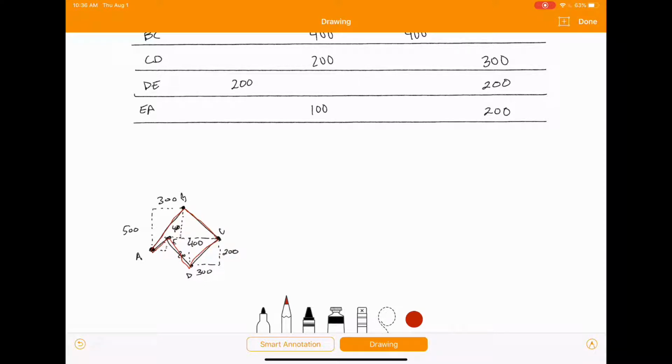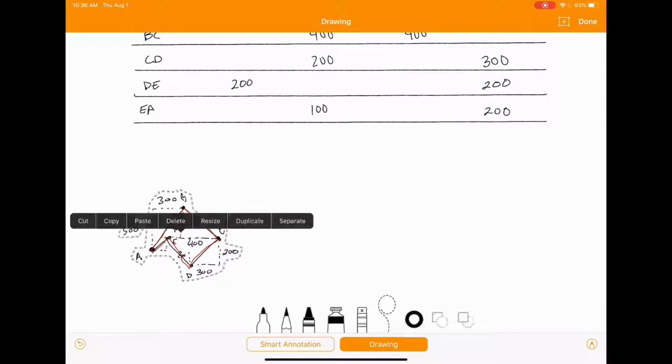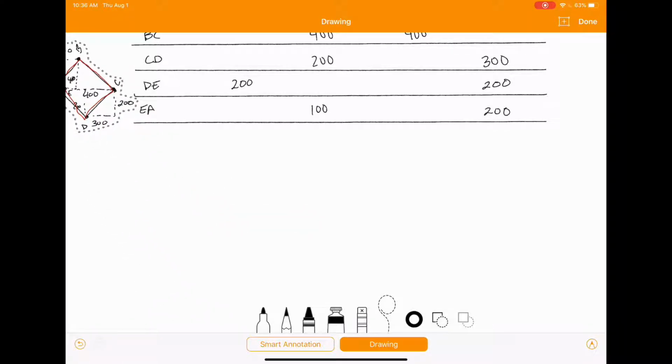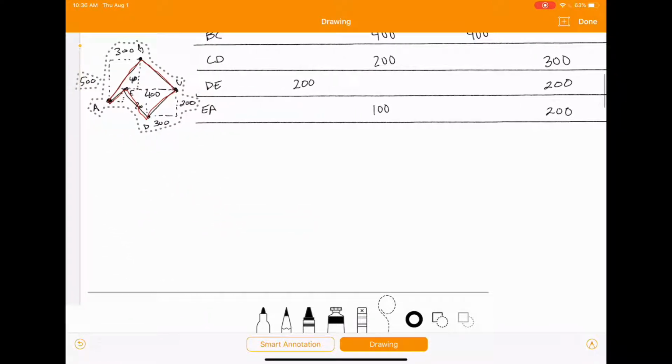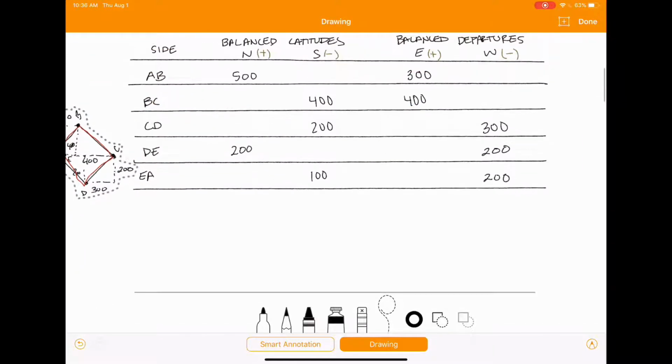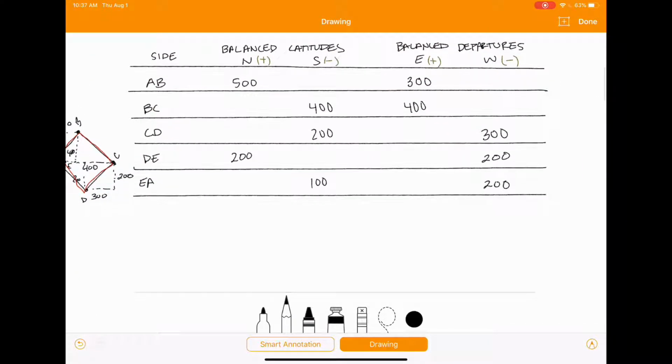And so again, we're going to go ahead and do that using both the DMD method and the coordinate method. So I'm going to go ahead and just move this out of the way so we can focus on these notes up here.